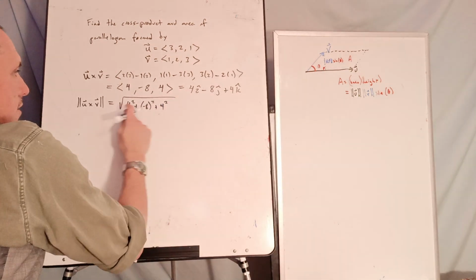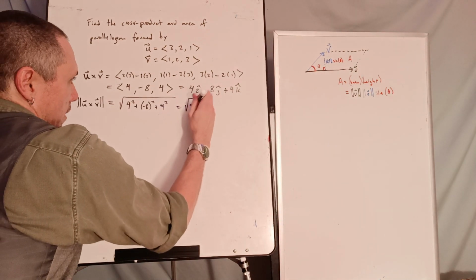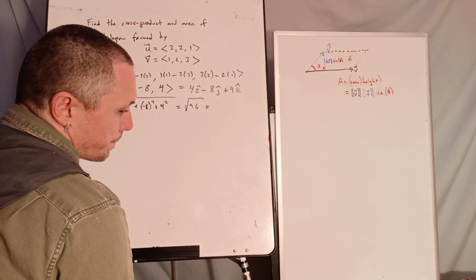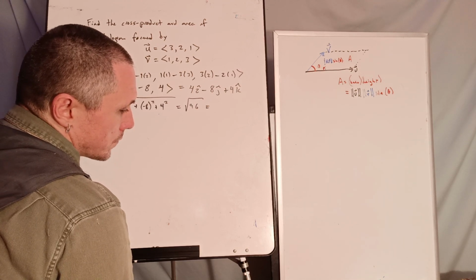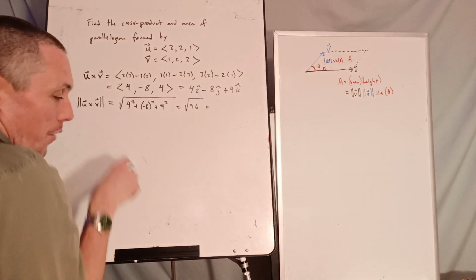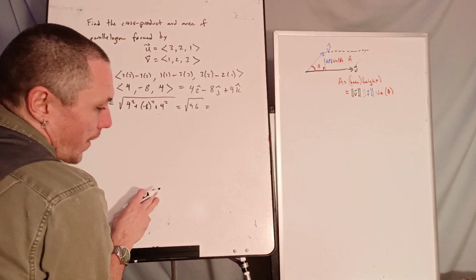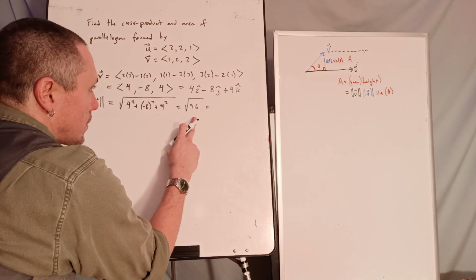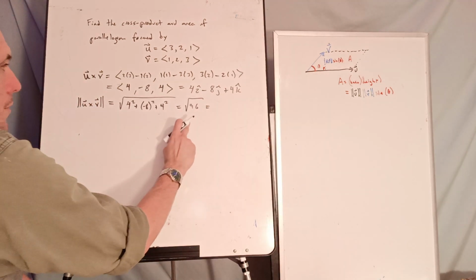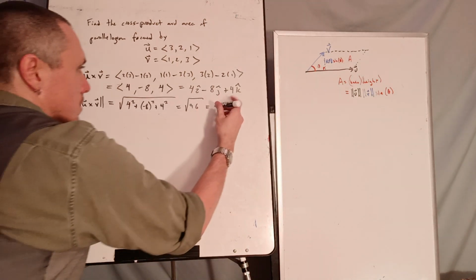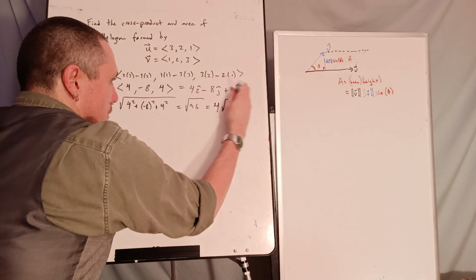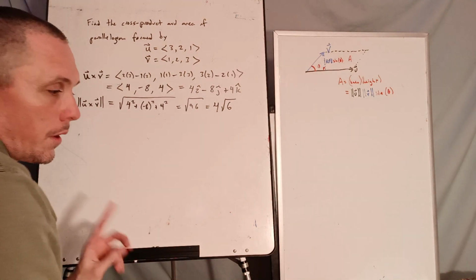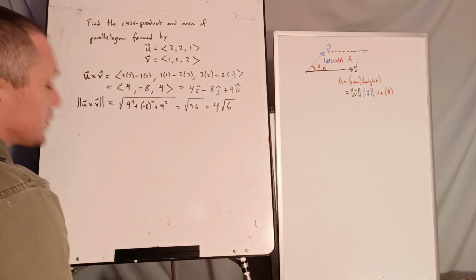And 16 plus 16 plus 64, that's the square root of 96, which simplifies to, let's see, well, it's almost 25. It's almost 100. That would be great. But no, we could divide out 16 from this. And that would be 16 times 6. So the square root of 16 is 4, and this is 4 square roots of 6.